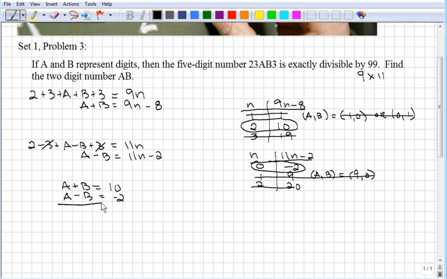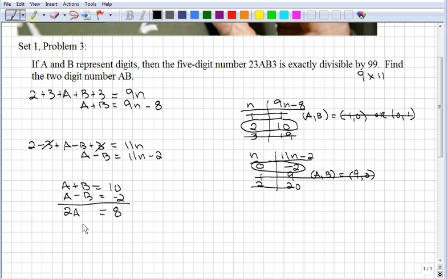So here's what I'm going to do. I'm going to take these two equations and add them together. When I add them together, I get A plus A is 2A. I'd get a positive B minus B, and that's just 0, so we get rid of the B's. And if I take 10 and add a negative 2, I get 8.